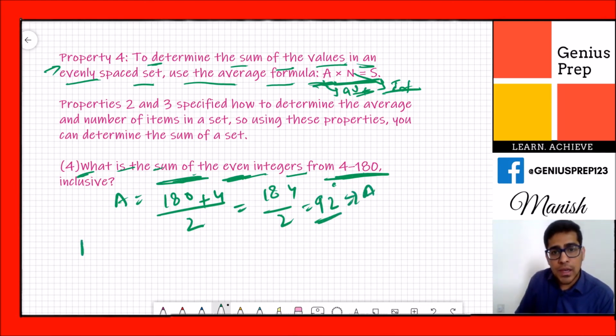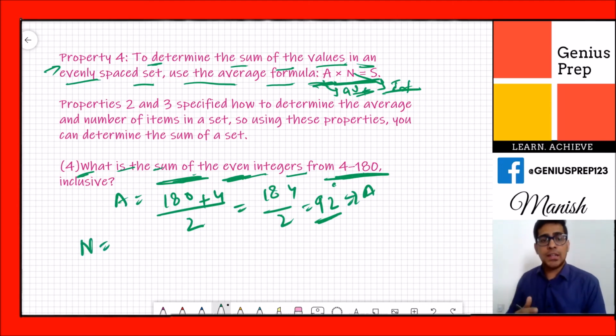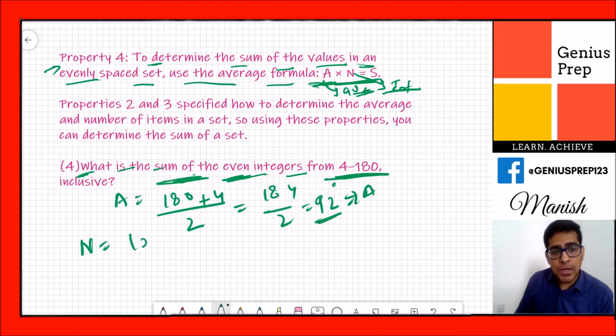Now is n. n is the total number of integers we have in this series. What was the formula for that? Last term minus first term, which is 180 minus 4, divided by the increment.